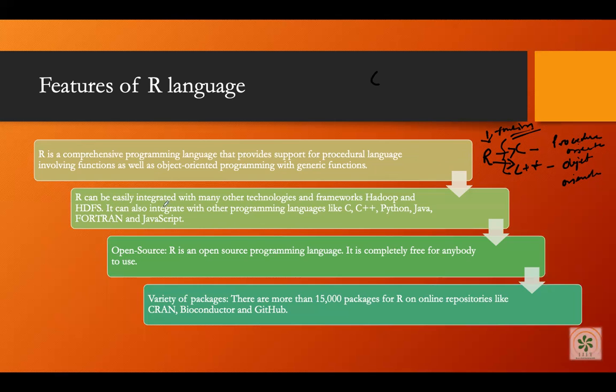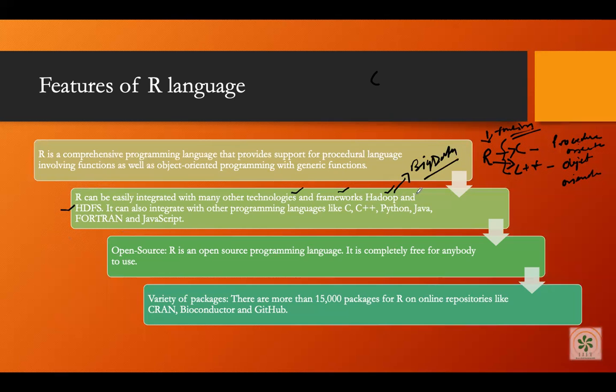R can be easily integrated with many other technologies and frameworks. So it has the facility by which we can easily integrate it with different technologies as well as different frameworks. If we talk about frameworks, we have the framework of Hadoop and its Hadoop distributed file system. R can easily connect with it. Now, if you remember that particular technology, Hadoop is very much famous related to big data.